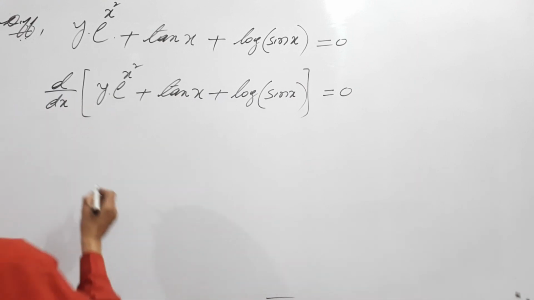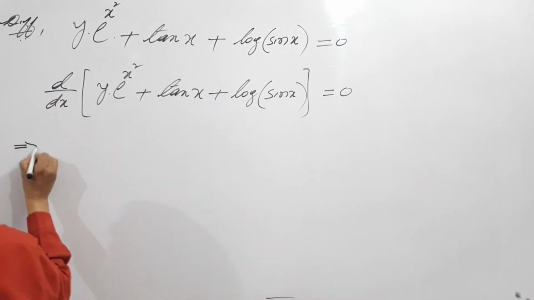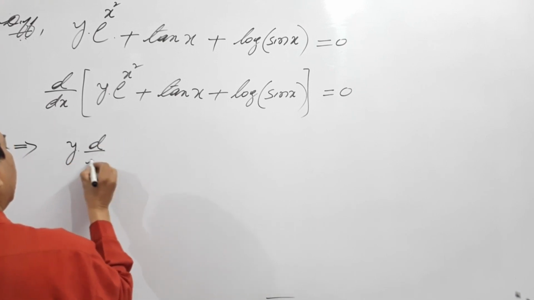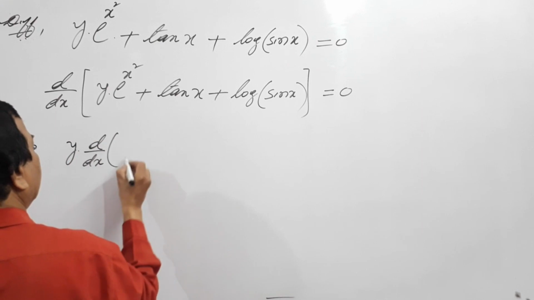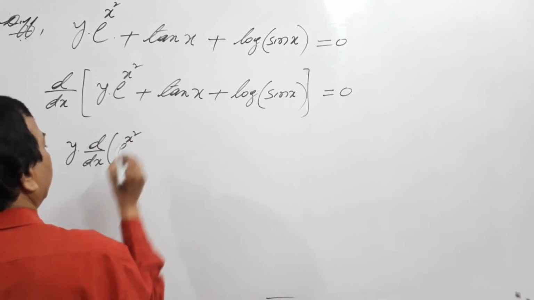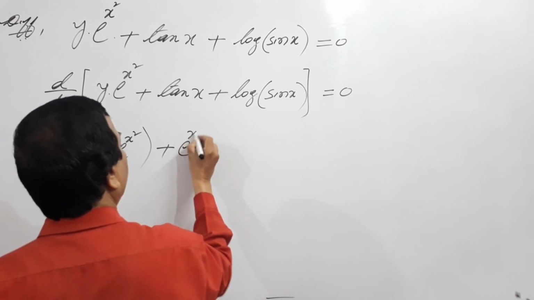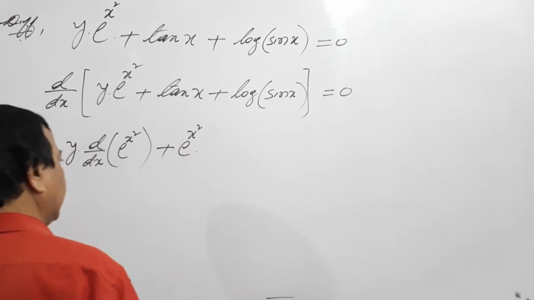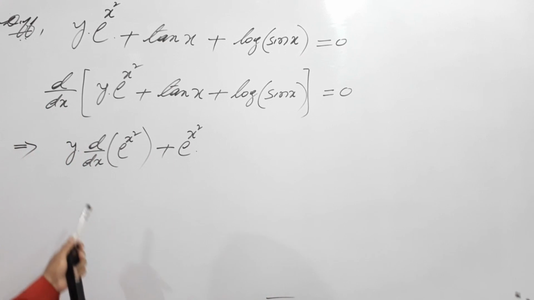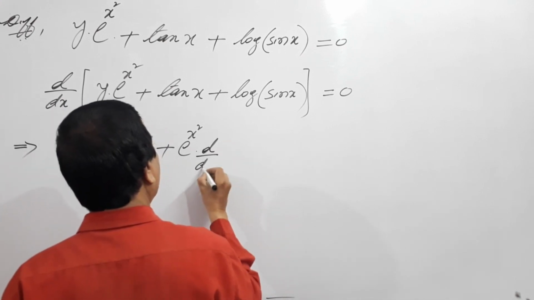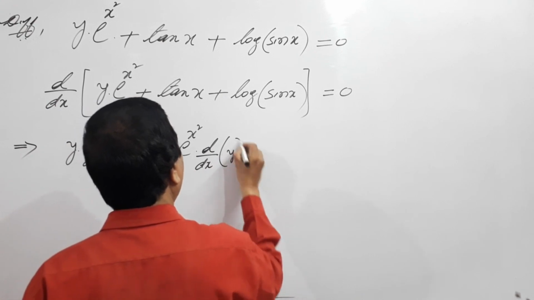So here product rule, this becomes what? This is y into d by dx of e to the power of x square plus e to the power of x square, I will write as it is, and d by dx of y.